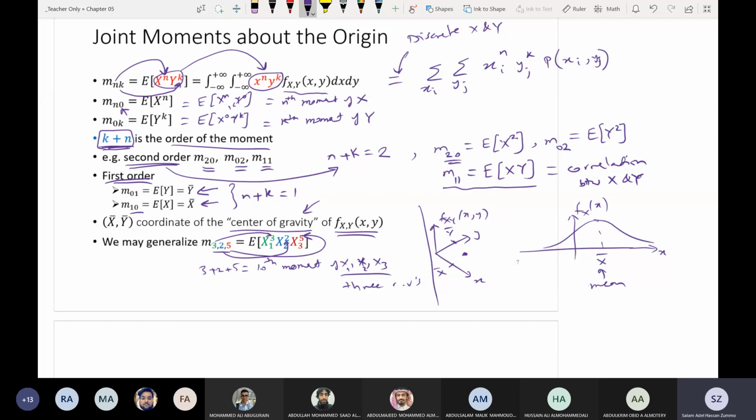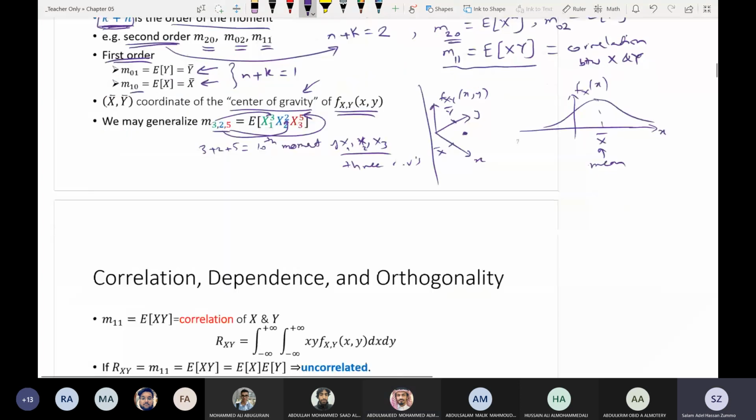If I want the 10th moment with 3, 2, and 5, then this is the expected value of x1 to the power 3, x2 to the power 2, x3 to the power 5. So instead of x and y, here I defined three different random variables, x1, x2, x3.